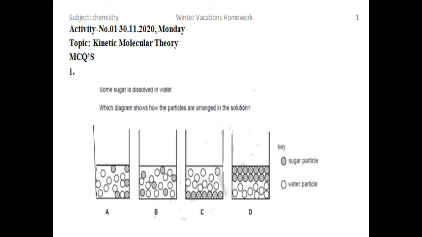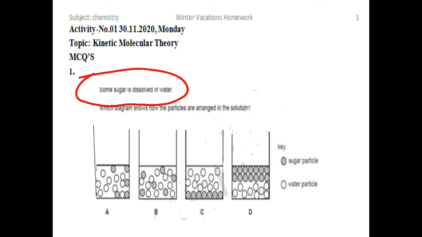MCQ number 1. The question is giving that some sugar is dissolved in water, and which diagram shows how the particles are arranged. To look for the answer, we have to understand this statement first. Some sugar is a solid which is dissolved in water.